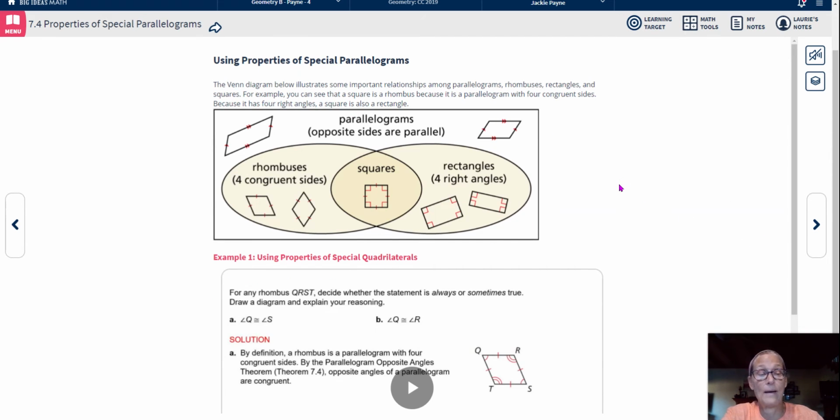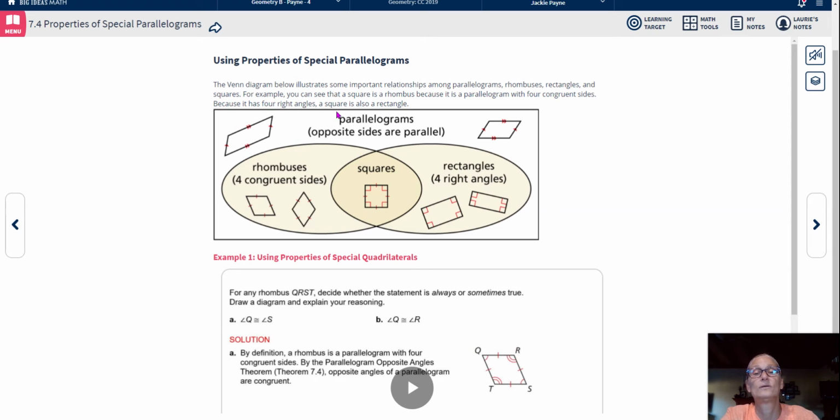So this is a little map. It shows you a Venn diagram with some of the important relationships among these different vocabulary words: parallelograms, rhombuses, rectangles, and squares. So for example, you can see that a square is a rhombus because it's a parallelogram with 4 congruent sides. So a square is in this big rhombus circle.